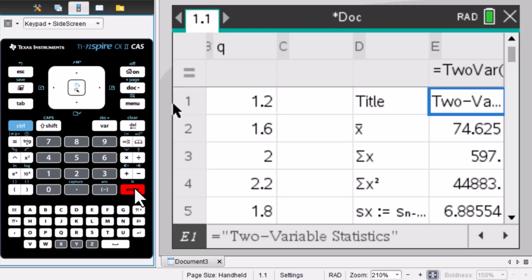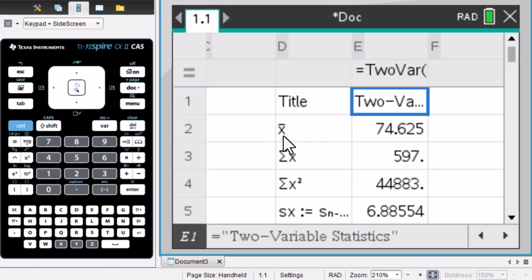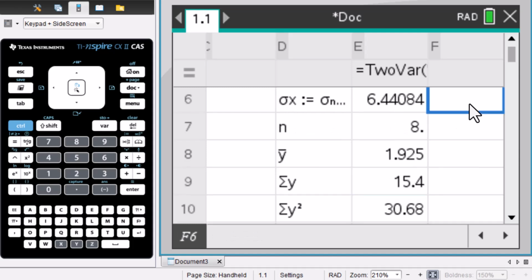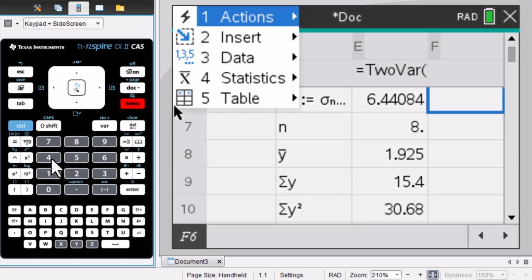Then enter. We are given X bar equals 74.6. For Y bar equals 1.93. Then move your cursor on an empty cell again. Go to Menu. 4.